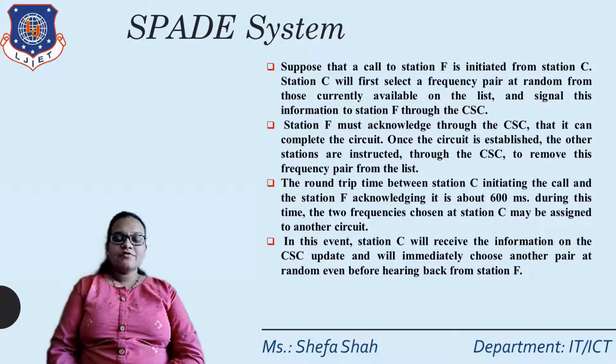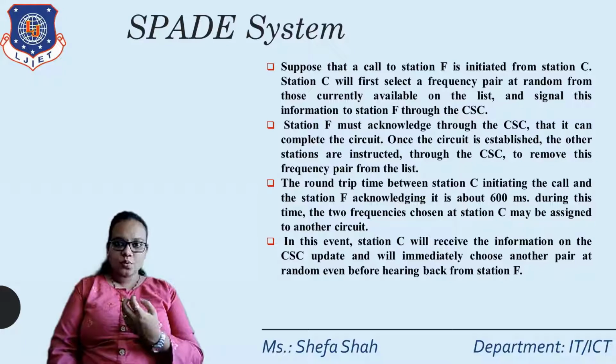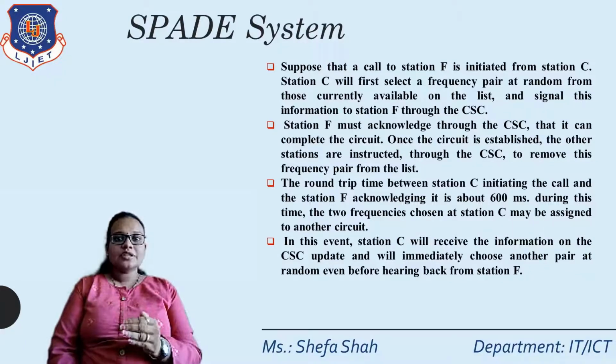Station F must acknowledge through the CSC that it can complete the circuit. Once the circuit is established, the other stations are instructed through the CSC to remove this frequency pair from the list. So as soon as this frequency is allocated to both stations, all the rest of the stations will show that this frequency is right now in processing and cannot be occupied.